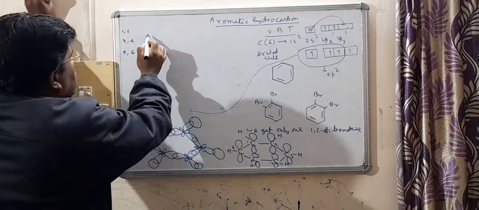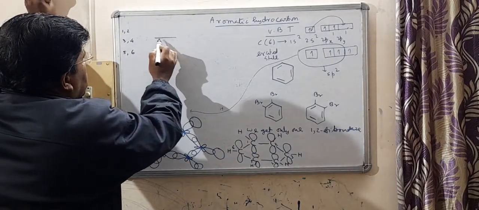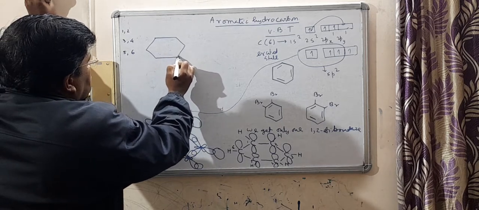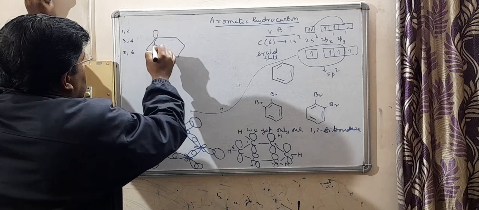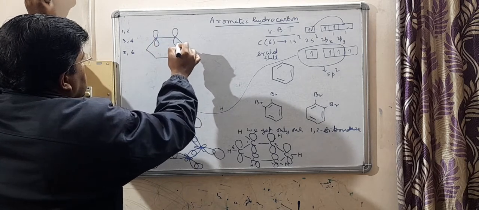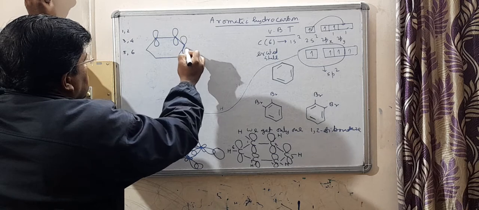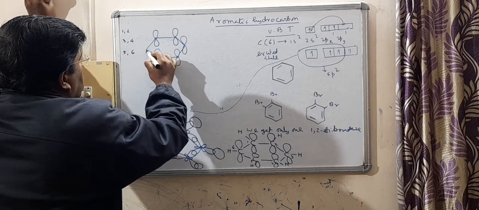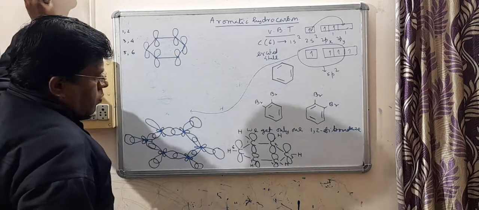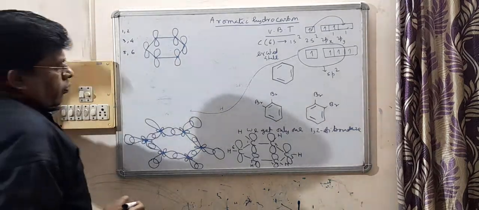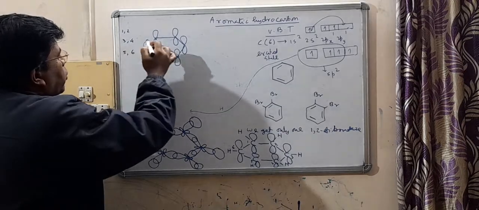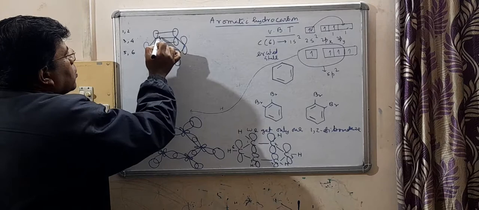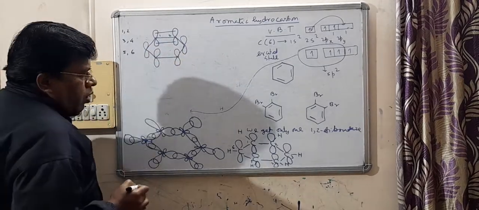So what will happen is we will get this one. So 1, 2 sideways overlapping. This is 1 and this is 2.